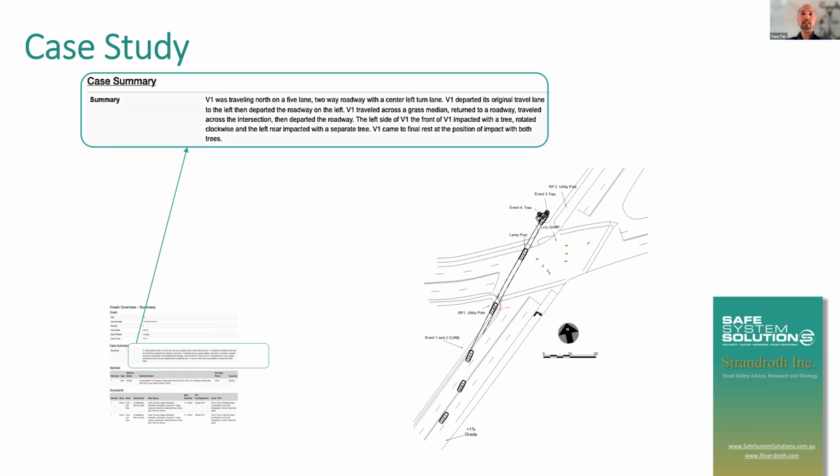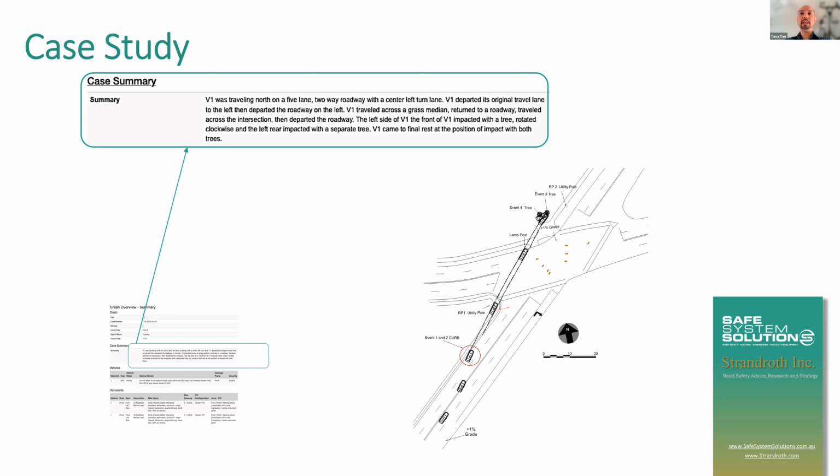So you'll see a red circle pop up very shortly in the diagram. So this is vehicle 1, and if we read the summary, it says vehicle 1 was traveling north on a 5-lane, 2-way roadway with a center left turn lane. Vehicle 1 departed its original travel lane, circled in the diagram now, to the left.